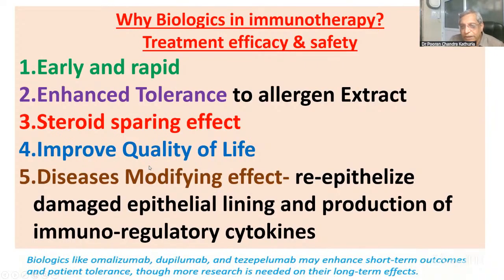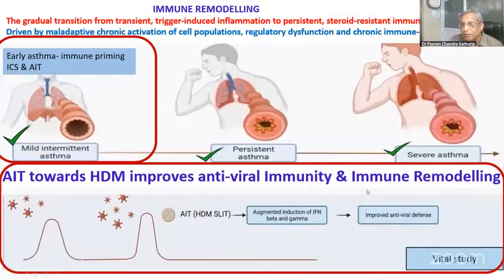It has a steroid sparing effect, it improves the quality of life, and it has a disease modifying effect. Recently, it's been found that initially there was no drug which can re-epithelize, and it is the only allergen immunotherapy which can re-epithelize the damaged epithelial lining and produce immunoregulatory factors.